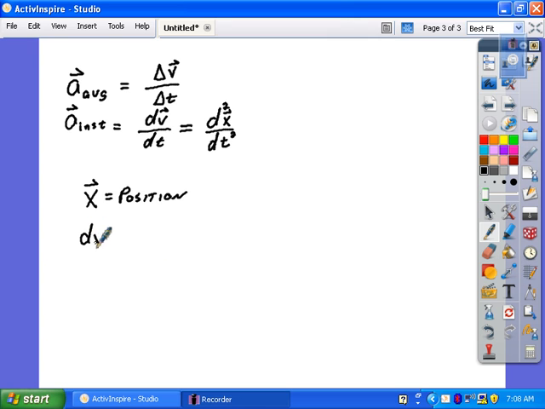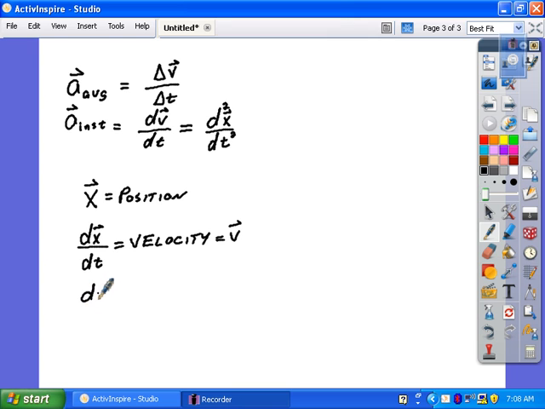But in general, the key thing to remember off of this, let's say that x is our position vector. If we were to take the first derivative of x with respect to time, that's going to give us our velocity, which is also a vector.